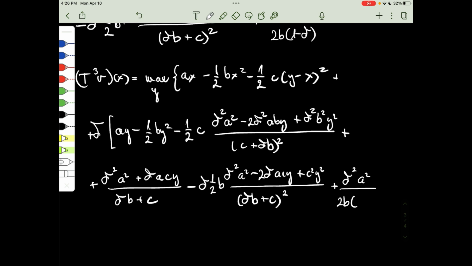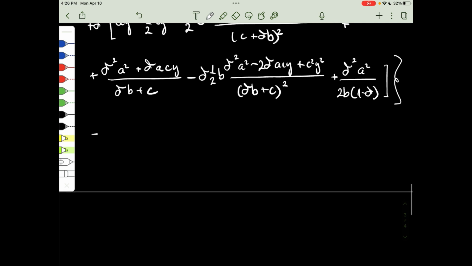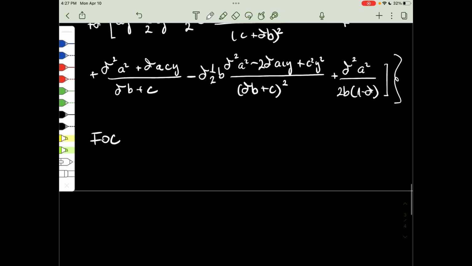It's terrifying. And the last bracket. The first order condition still comes from differentiating the Bellman equation with respect to y.